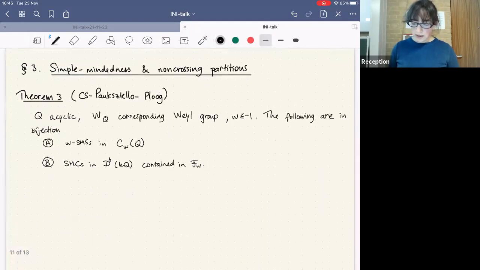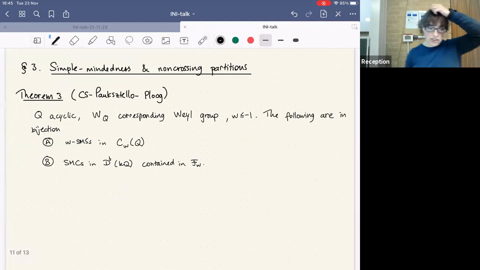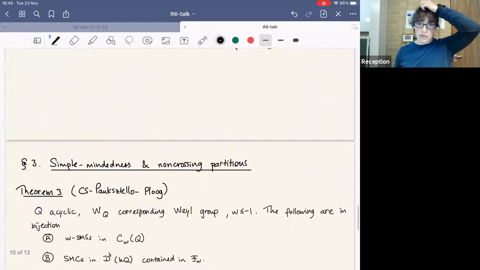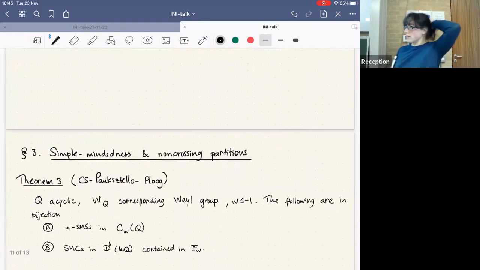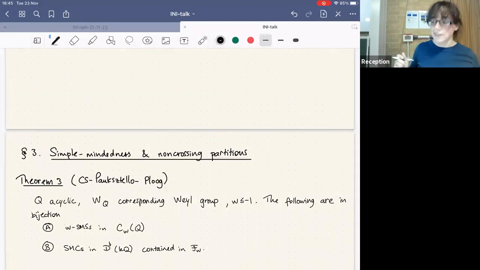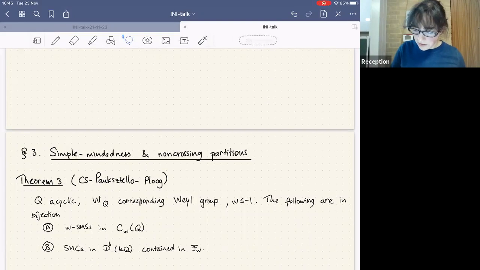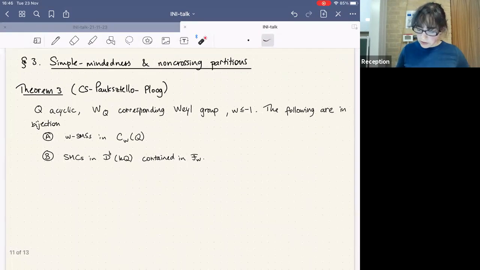So I wanted to finish this talk by talking about some combinatorics, to say that there is some nice combinatorics also in the negative Calabi-Yau world, in relation to non-crossing partitions. And again, this builds on previous work, so I should mention this. The theorem says: take a cyclic quiver, you can consider the corresponding Weyl group, take W to be negative.